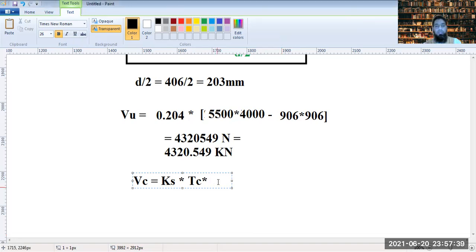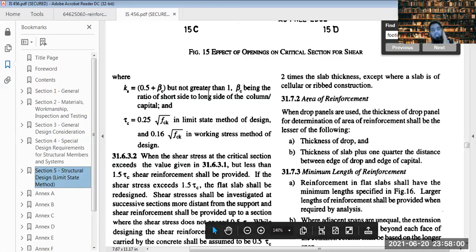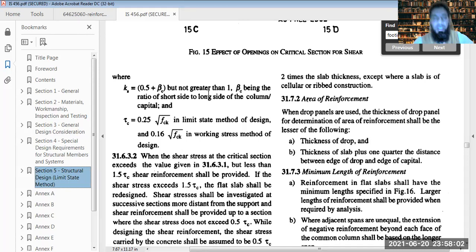Yes, we know that. So what's the value of Ks? What we just saw, Ks is 0.5 plus beta c. Now beta c is 1 here for the column, shorter to longer side, 500 by 500. But you cannot exceed 1; 0.5 plus 1 would be 1.5, but it should not exceed 1, so Ks would be 1.